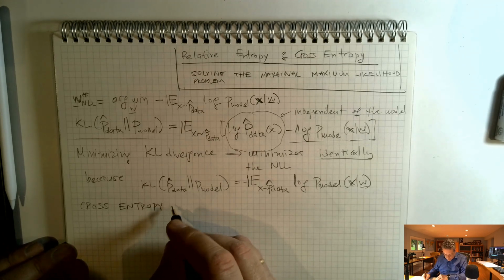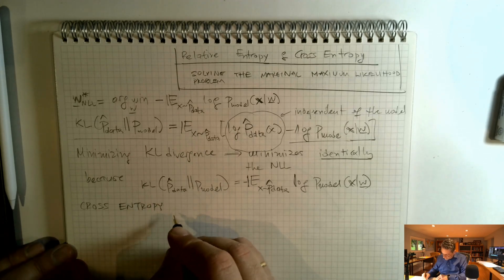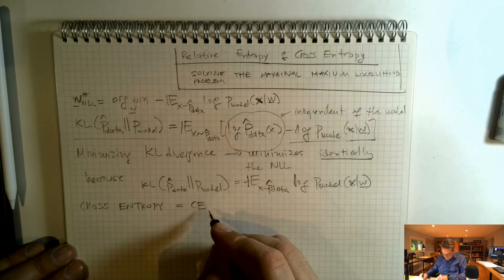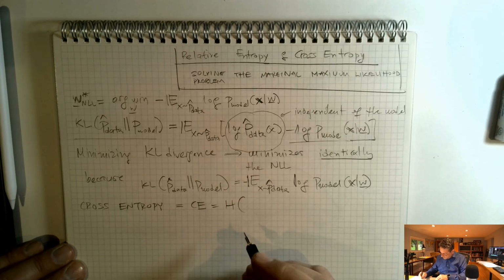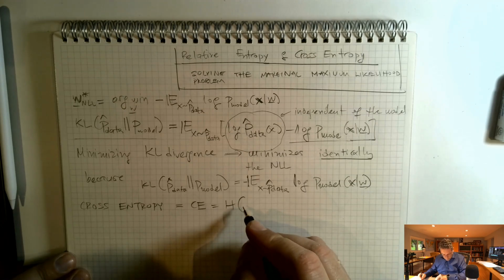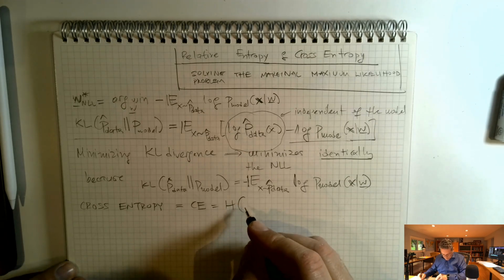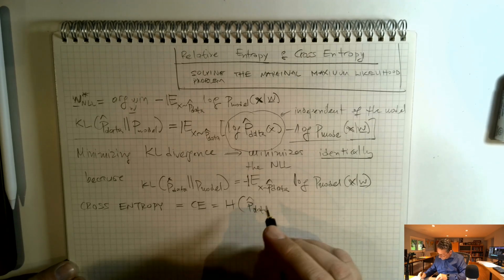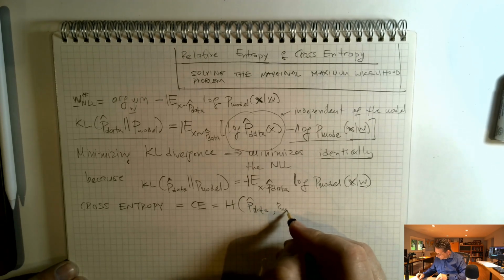So the cross entropy, symbolized by CE, is the joint entropy of P data hat and P model.